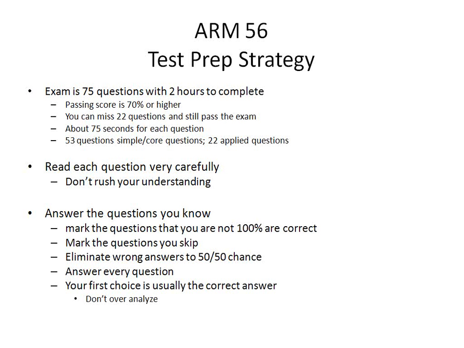People usually ask when they go on there, you'll notice that it says ARM 56A, or Segment A, Segment B, Segment C, and Segment D. The reason is they started breaking up the exam, so Segment A is chapters 1 through 3, and then Segment B would be 4 through 6.